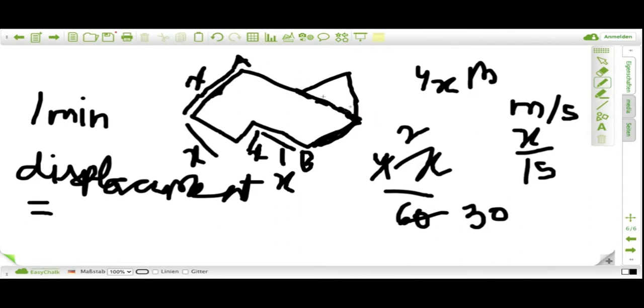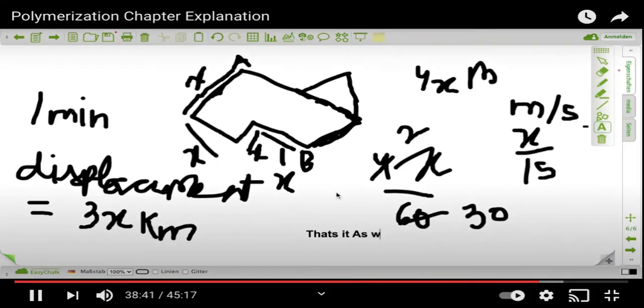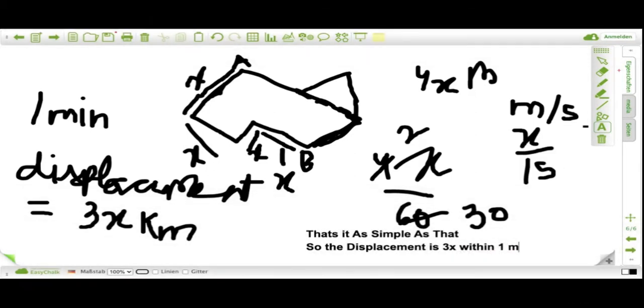And his displacement is, since you know that displacement is the shortest route from one point to the other point, so here it's 3x and the other one is x by 15.